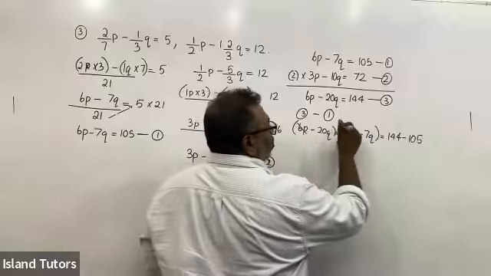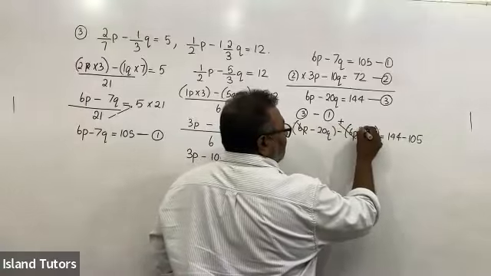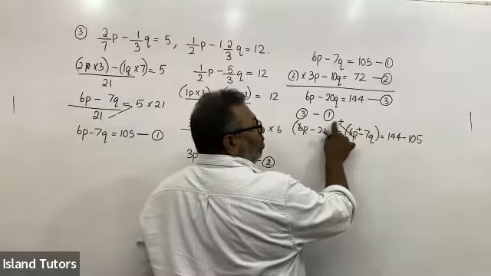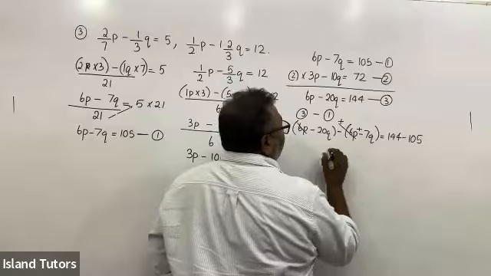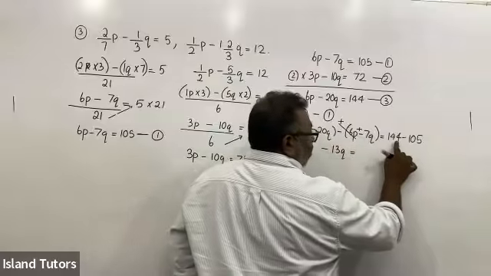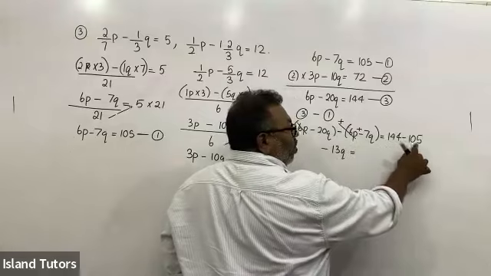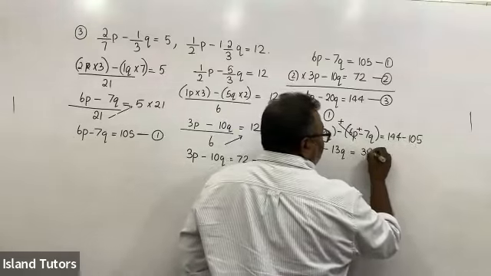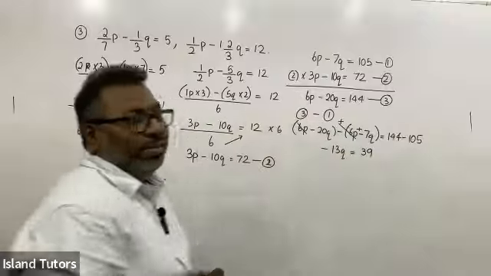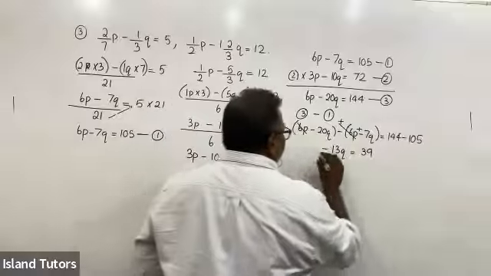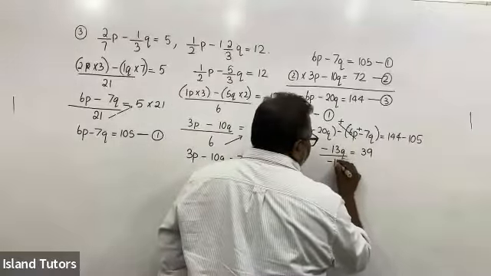Minus 20q, this becomes plus. This also becomes plus. So minus 20q plus 7q, minus 13q is equal to 144 minus 105. You are getting 39.